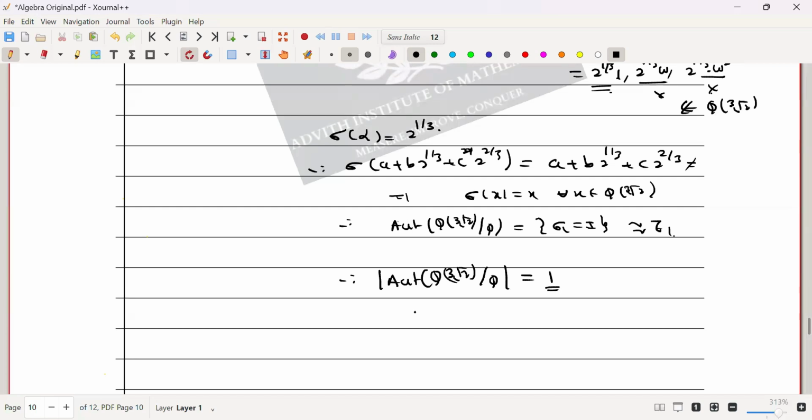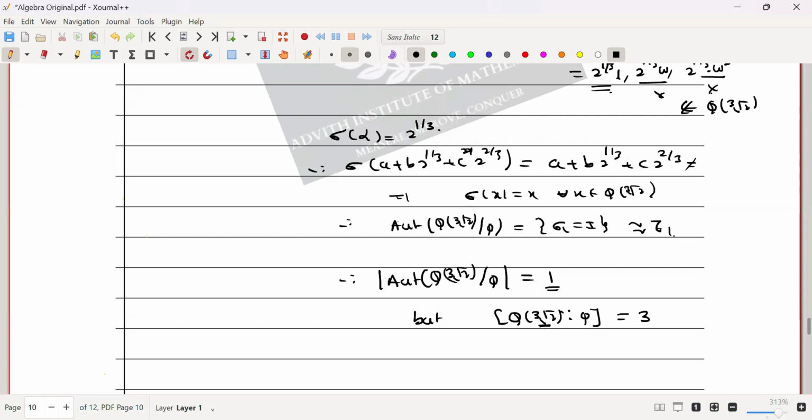But the degree of E, where E is Q of cubic root of 2 over Q, is the degree of the minimal polynomial of cubic root of 2, which is 3.